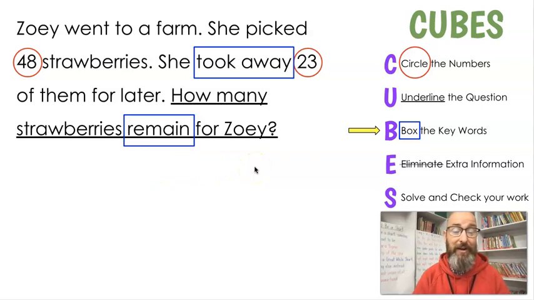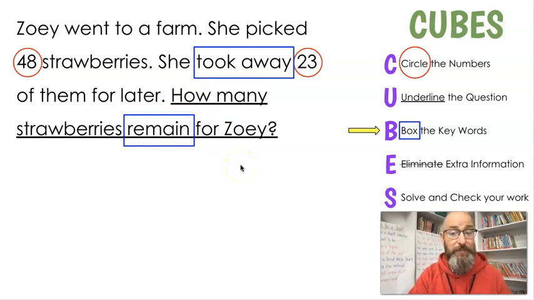So in this word problem, there are actually two keywords that can help you figure out how to solve the question. And both of those mean subtract. So far, we already know what numbers we're going to use, we know what we're being asked to figure out, and we know the keywords, so we know we have to subtract.